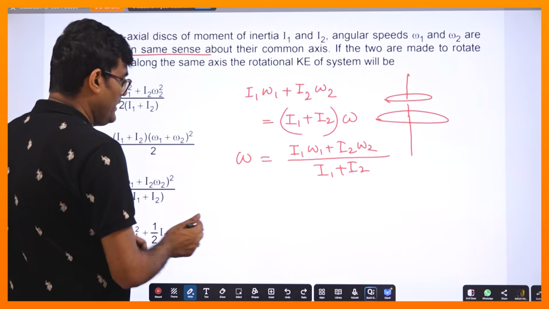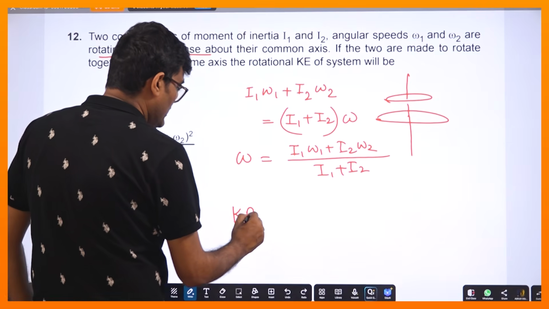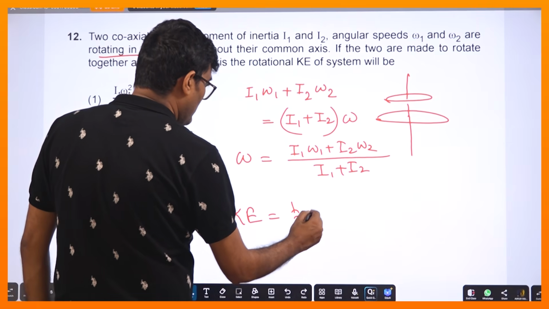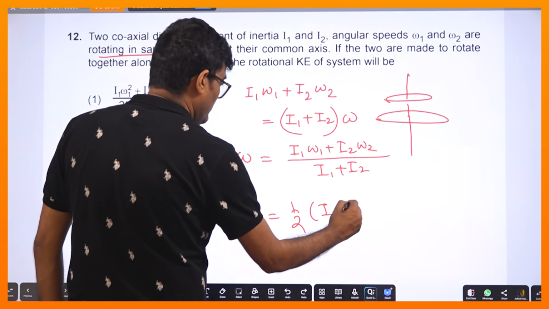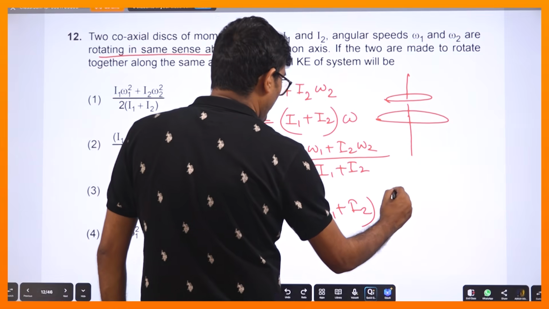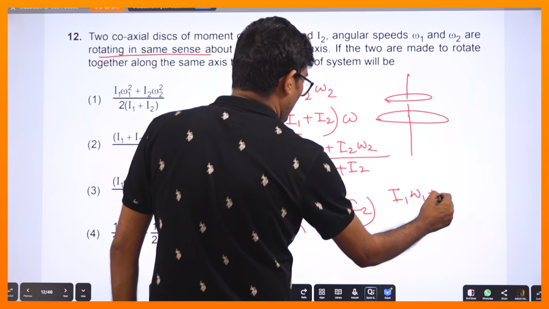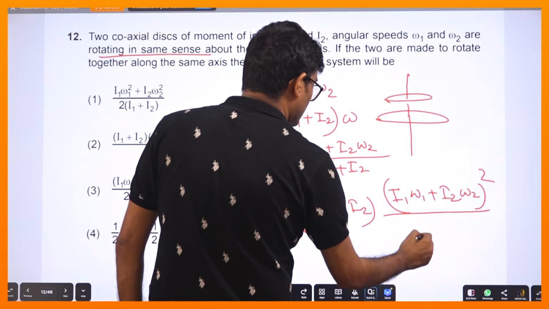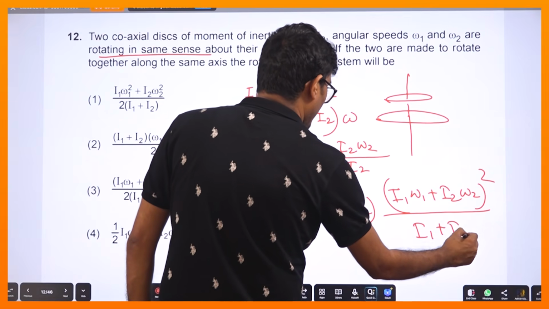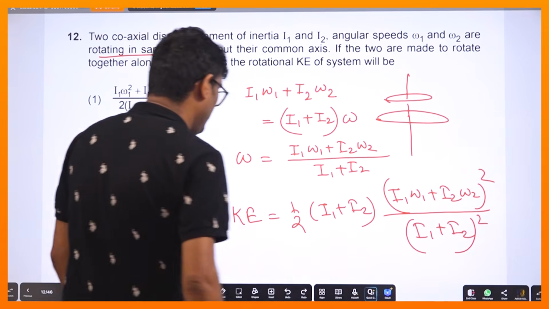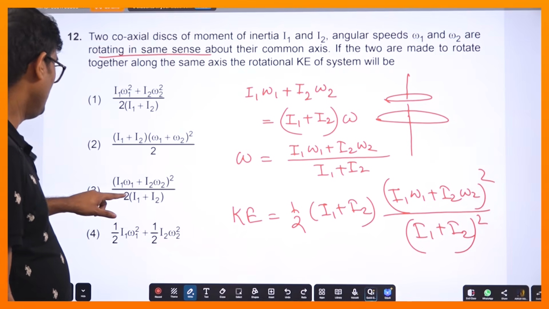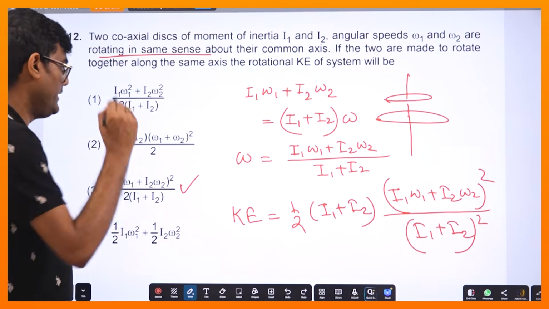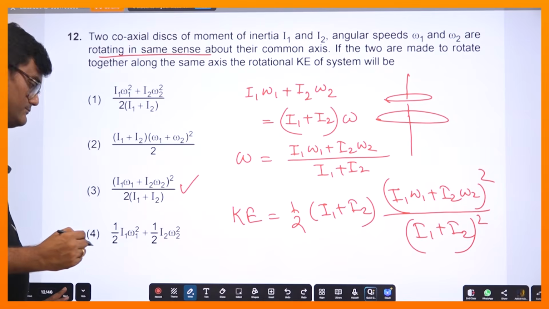The rotational kinetic energy is half I omega square. So it is half of I1 plus I2 into omega square, meaning (I1 omega 1 plus I2 omega 2) whole square divided by (I1 plus I2) whole square. In the denominator you will have only one I1 plus I2, so 1 by 2 times that. Option 3 is the correct answer for this question.